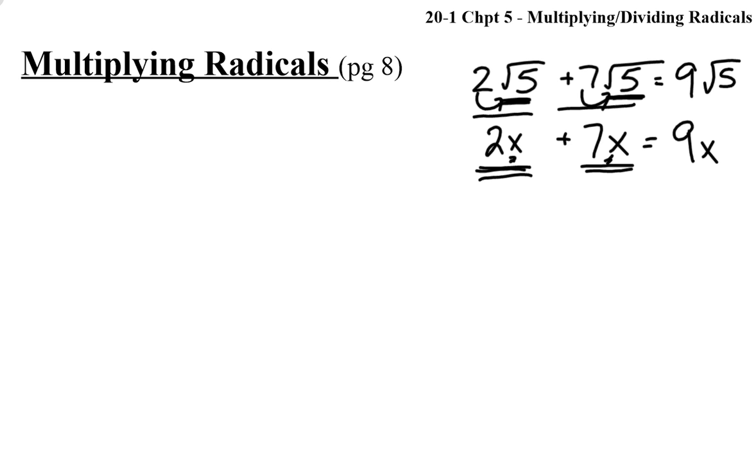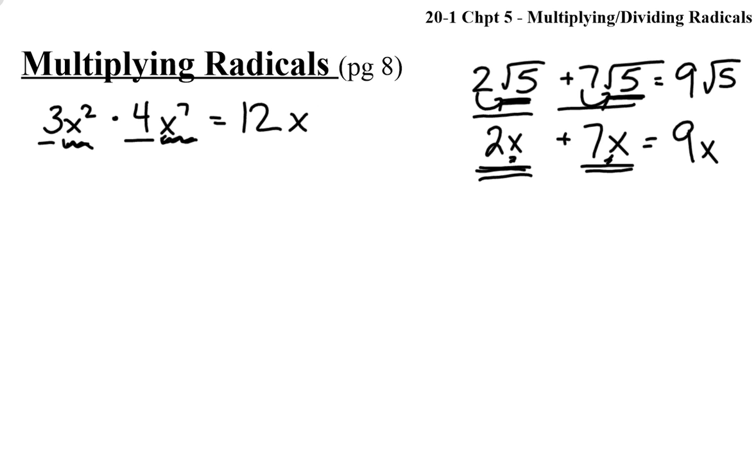Well, it's not going to be a lot different when we're multiplying radicals. If we're multiplying two terms in polynomials, what are we doing? We're multiplying coefficients, and then we're multiplying the variable components. And how do we multiply variable components?